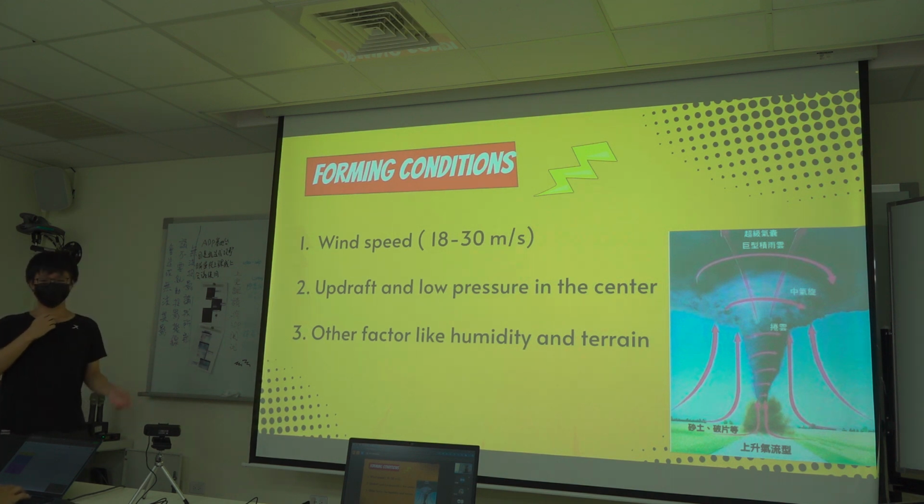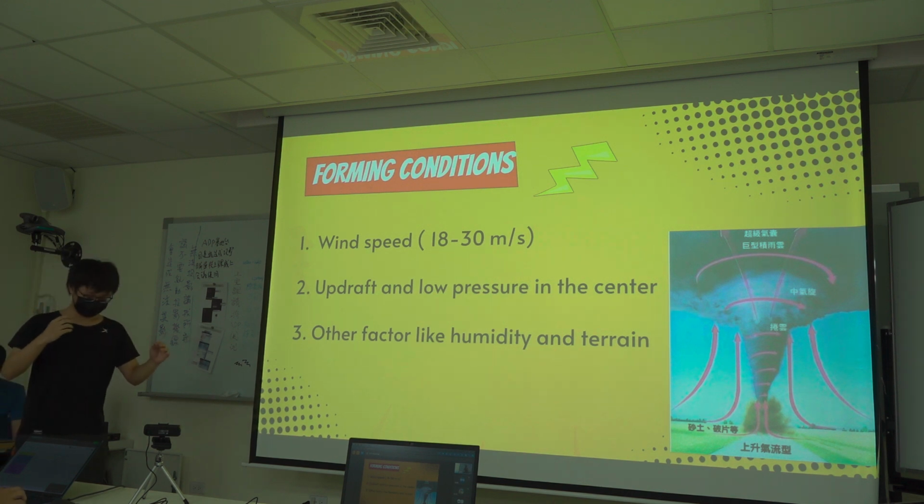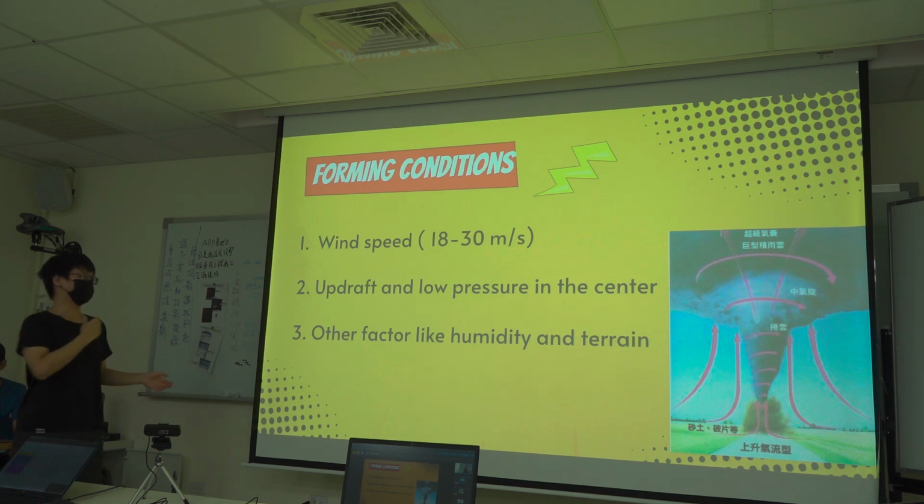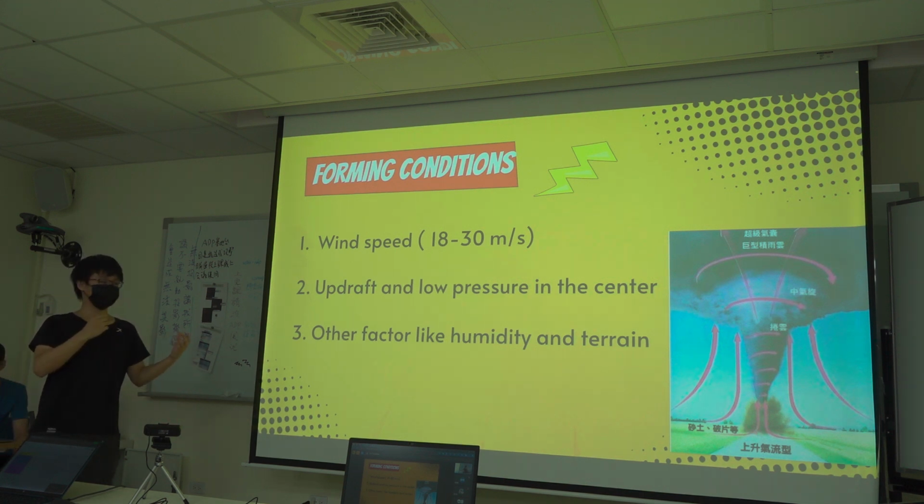The first is wind speed, and wind speed and its scale determine the power of the tornado. The upward airflow and the low pressure in the center help maintain the overall structure. Also other factors like humidity or the terrain influence whether it forms in nature.